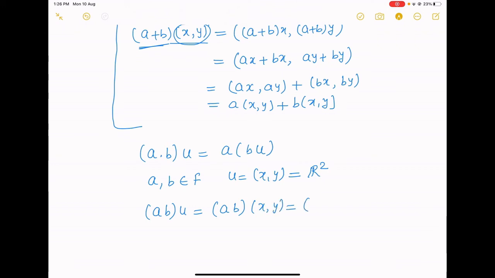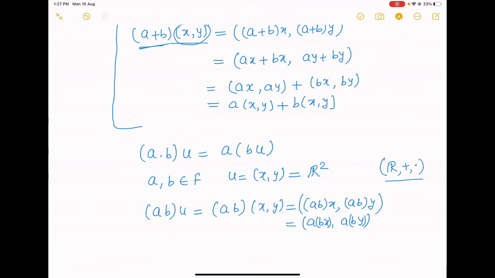Now ab u means ab operated on (x, y). This gives you (ab operated on x, ab operated on y). This is equal to (abx, aby), which may be written as (a operated on bx, a operated on by), because R with plus and dot is a vector space.